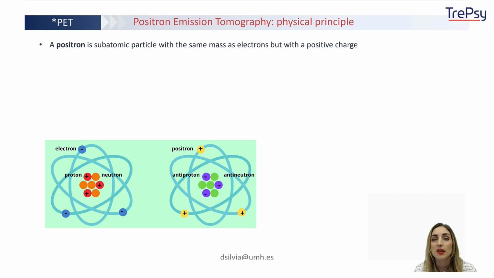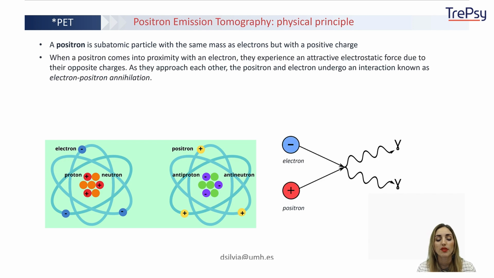So, what is the physical principle behind positron emission tomography? A positron is a subatomic particle which has the same mass as an electron but has a positive charge, and it belongs to antimatter. The positron is by its nature unstable. When it comes into proximity with an electron, they experience an attractive electrostatic force, due to the fact that they have opposite charges.